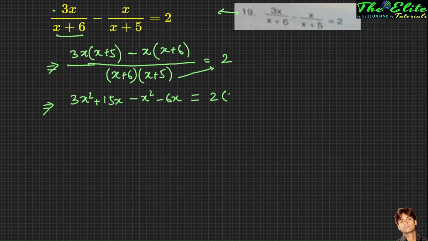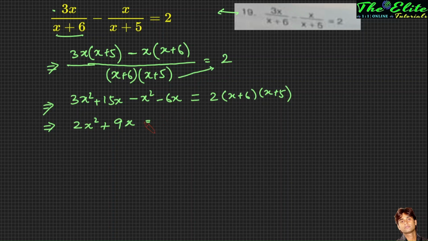Directly we can do x plus 6 into x plus 5. Now on simplification, the left hand side gives 2x square, and 15x minus 6x gives 9x.